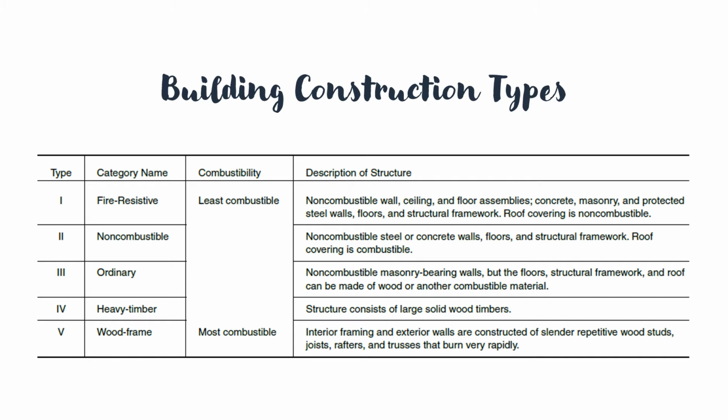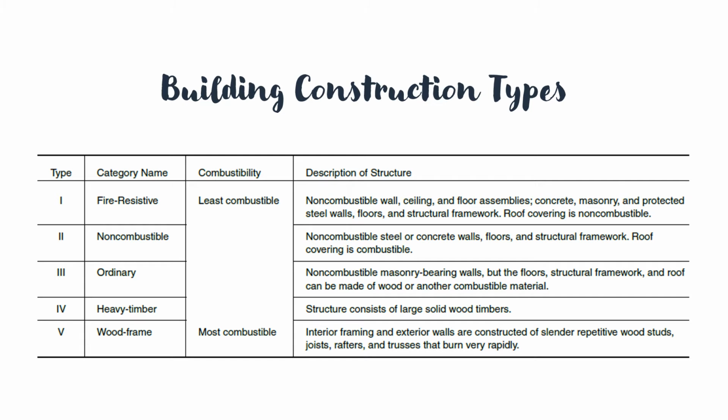So as you can see, as we go from type 1 to type 5, the materials become more and more combustible than the first one. So type 3 is composed of non-combustible masonry bearing walls, but the floors, structural framework, and roof can be made of wood or other combustible materials.